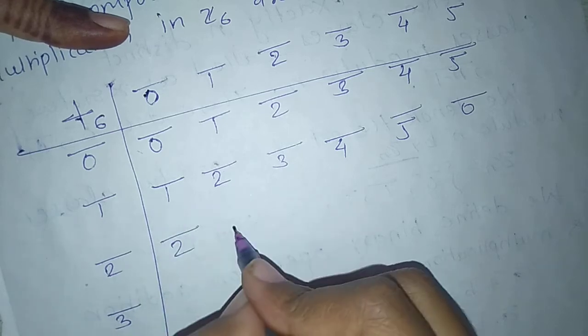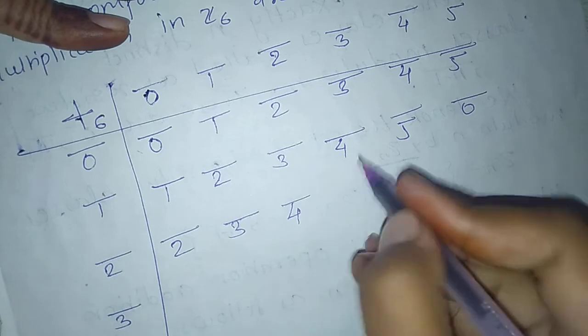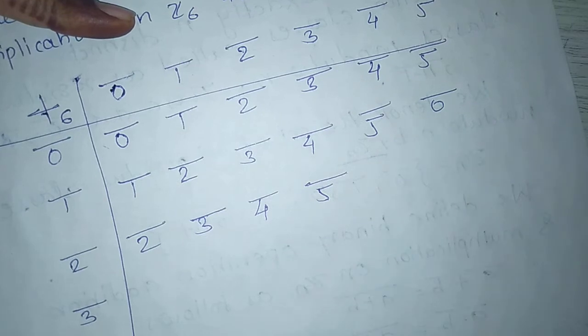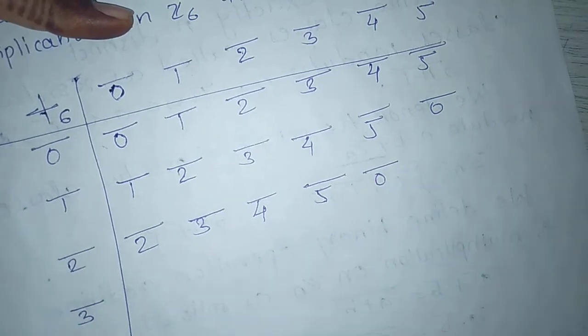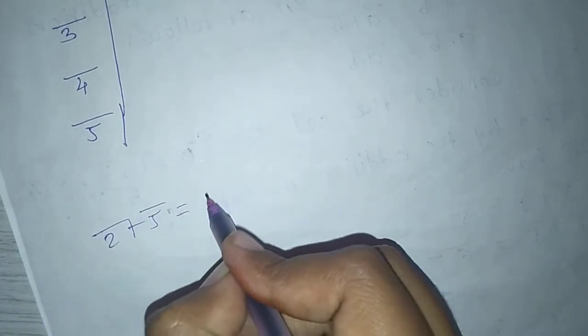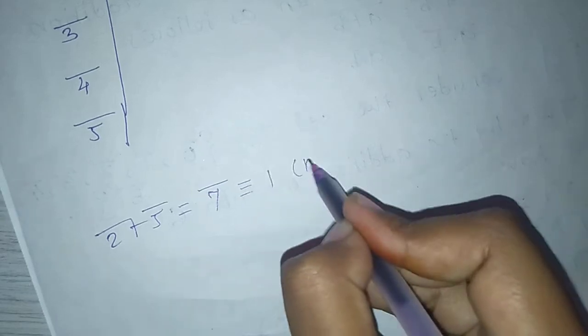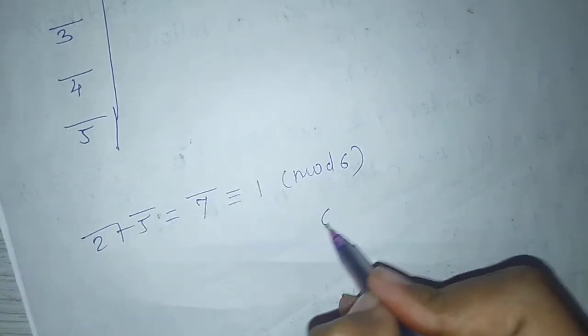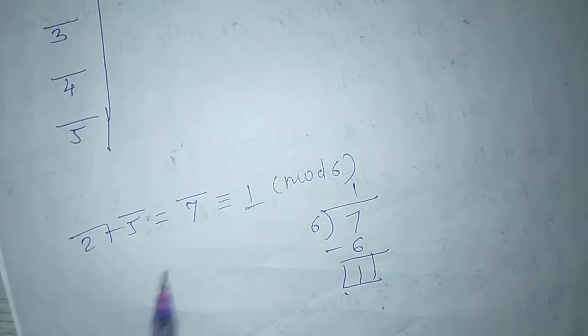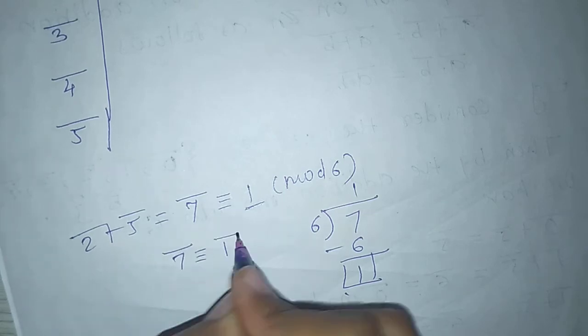Similarly, 2 plus 0, 2, 2 plus 1, 3, 2 plus 2, 4, 2 plus 3, 5, 2 plus 4, 6, but 6 bar equal to 0 bar. Similarly, 2 bar plus 5 bar equal to 7 bar, which is congruent to 1 modulo 6. Remainder is 1. Here we put remainder, means 7 bar is congruent to 1 bar.